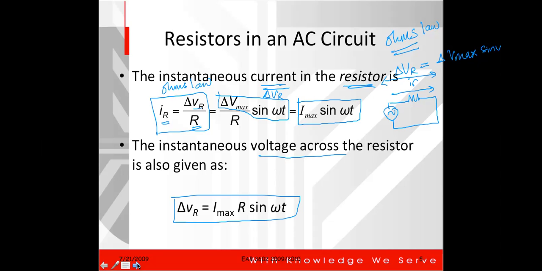Imax R sin omega t, sebab V is equal to, okay, yang ni kalau kita nak cari delta VR, okay, voltage, remember V is equal to IR. Okay, so bila you nak gunakan V is equal to IR punya equation, so delta VR is equal to Imax R sin omega t, dia mesti ada sin omega t sebab sekarang kita punya current dan voltage adalah instantaneous.